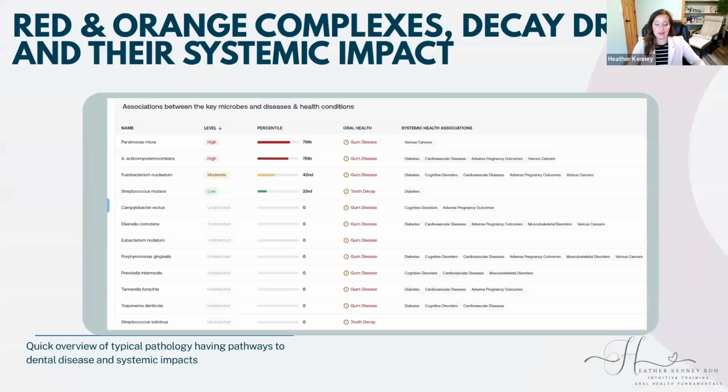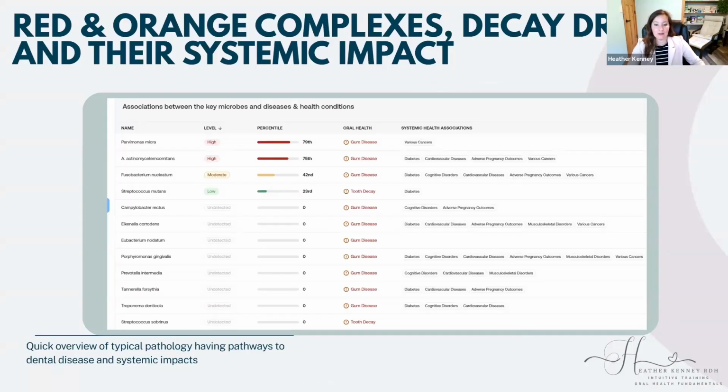So if you're not using Bristle, I did bring in on the homepage, they will bring most of what you're looking at in any of the other tests right at the front part. So the red complex, orange complex, and a few of the bacteria that are capable of causing decay issues are on the homepage there.